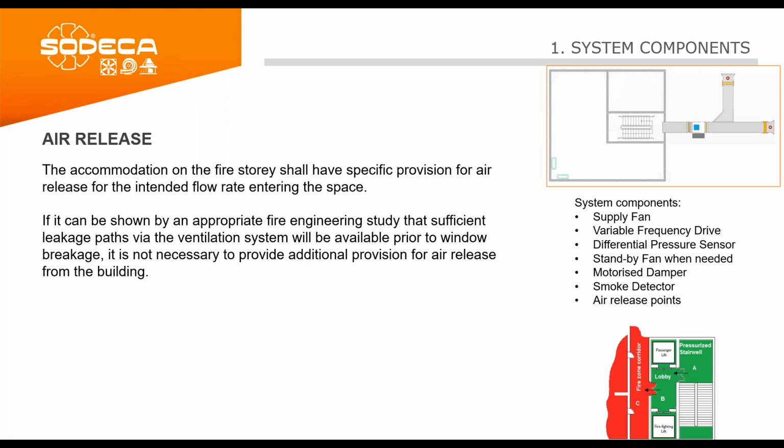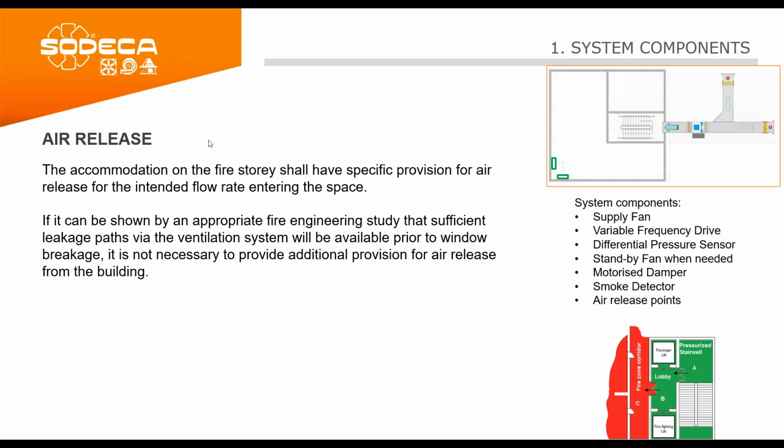With regards to the air release, the accommodation on the fire storey shall have a specific provision for air release for the intended flow rate entering the space. Okay, they have to be dimensioned according to the air that flows from the stairwell to the accommodation.